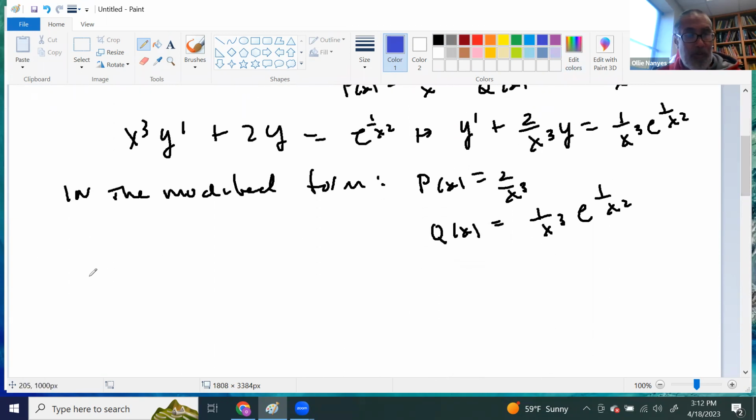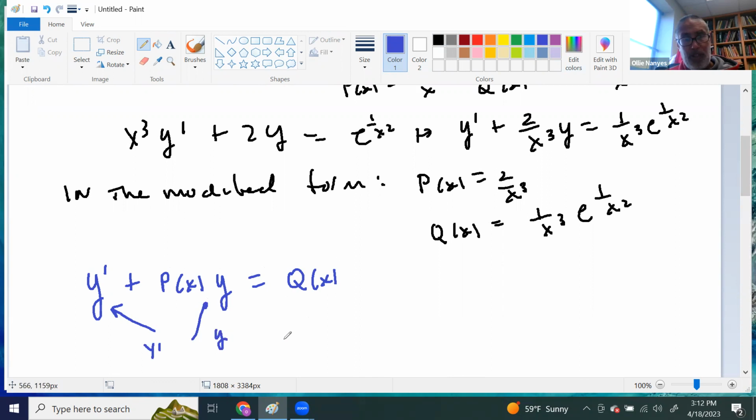In general, if we have, let's say, y prime plus p of x y equals q of x, you notice there's a y prime here, and you notice that there's just a plain old y here. That's the first thing you notice. That's point 1.